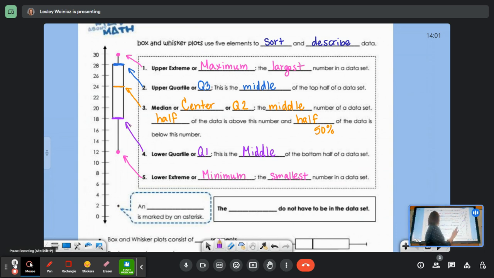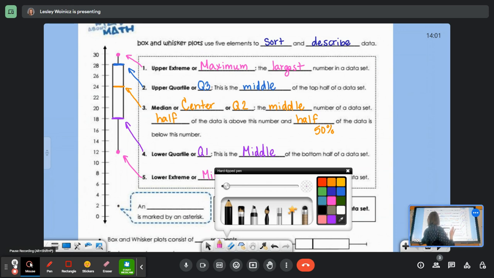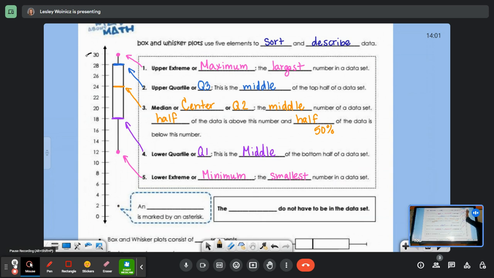We said that half of the data was above the median, right? So from here to here, this is 1/2 of our data. And then half of the data is below the median, so that's half also. It looks bigger, but it's the same amount of data. Remember that the upper quartile and the lower quartile chop the top and bottom halves in half again.